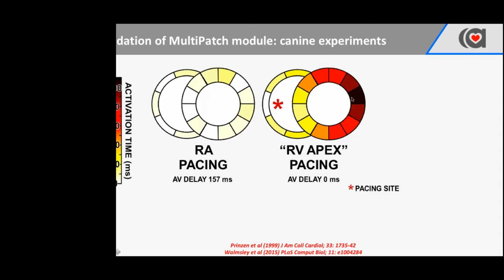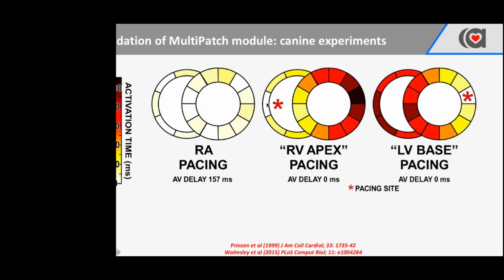But for the left ventricle, it's even more debilitating if you have right ventricular apex pacing, because you can get activations which are up to 100 milliseconds delayed with respect to the pacing side.